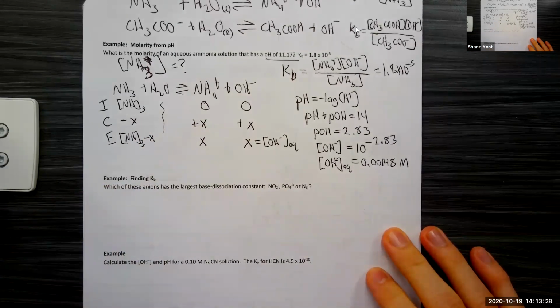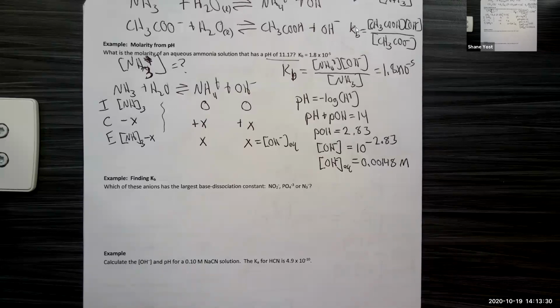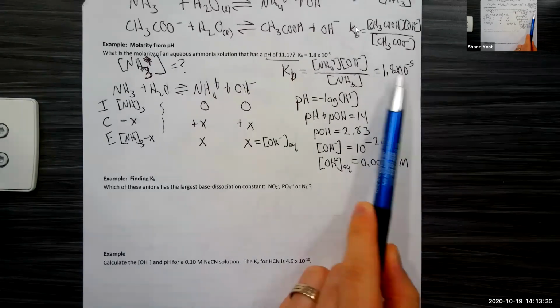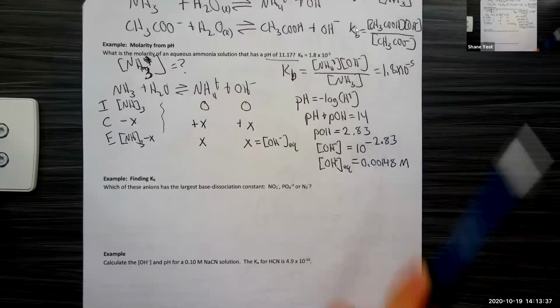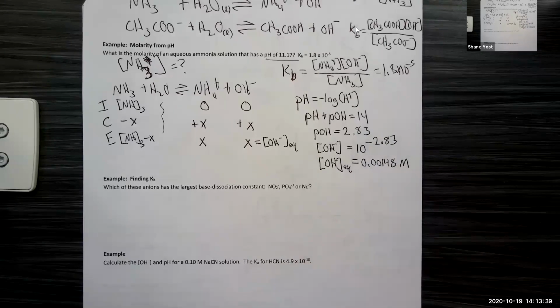Well, we're going to use the fact that this is a weak base that has a very small equilibrium constant, 1.8 times 10 to the minus 5, so that this change itself is a fairly small number.